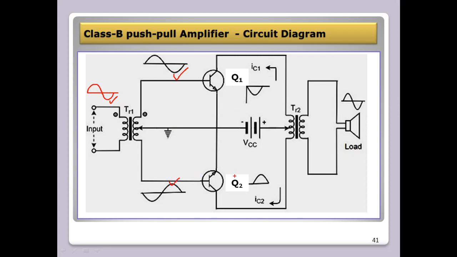Then Q2 is conducting and amplifies the signal, which is given to the transformer primary, and which is coupled to the load. So you are getting total 360 degrees operation here. Transistor 1 and 2 are operating at different half cycles. So this is the operation of the push pull arrangement of class B amplifier.